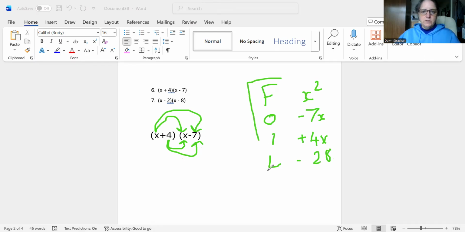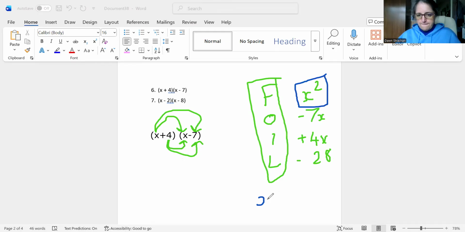And this is just the acronym, so we can box it off so we don't get confused by it. So let's start. We've got an x squared, so we'll pop that in. And then we have a minus 7 and a plus 4. So minus 7 plus 4 is minus 3x.